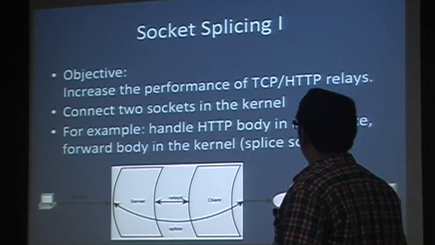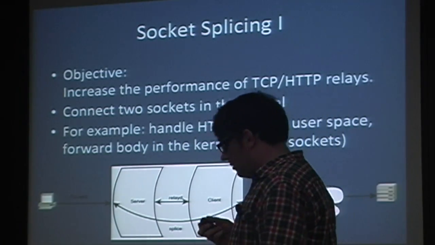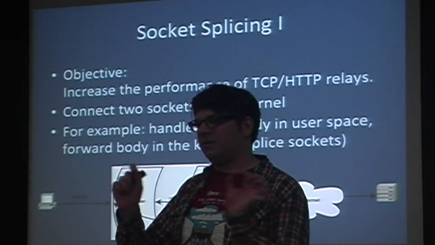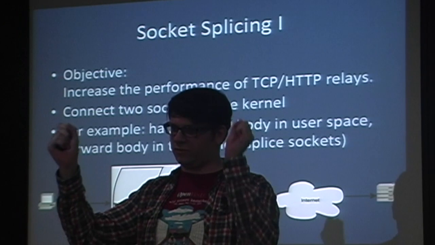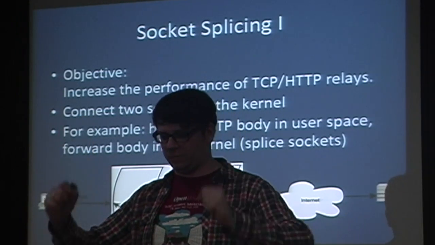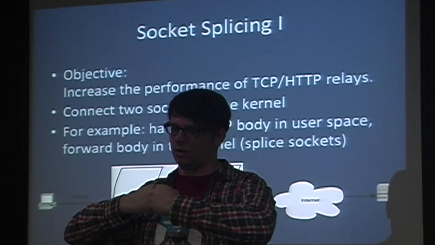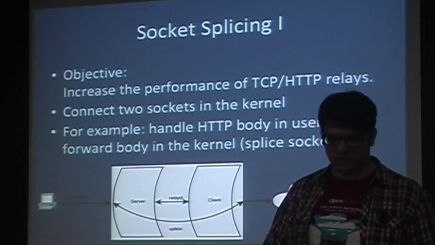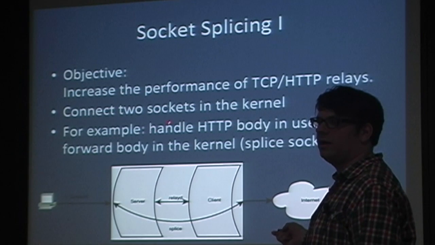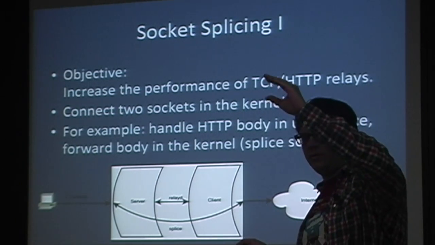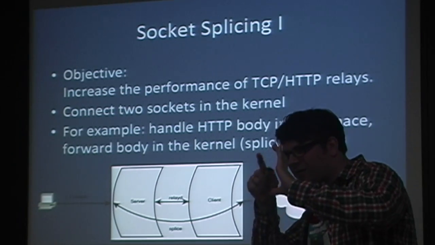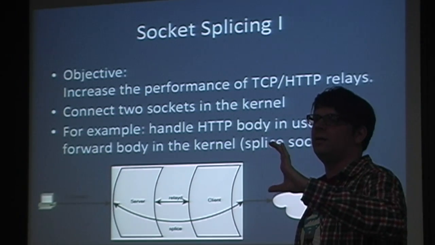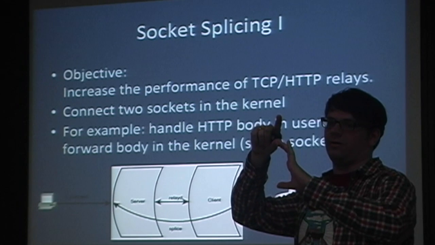So splicing is a way to say, okay, the kernel is much faster in doing this, so why couldn't you copy the data in the kernel? It just takes these 2 sockets that I have open in the user space and connects them in the kernel. And it's even nicer because this splicing implementation can say, okay, I copy this amount of data in userland, and then I say copy the specified amount of data in the kernel, and then return for the next header.